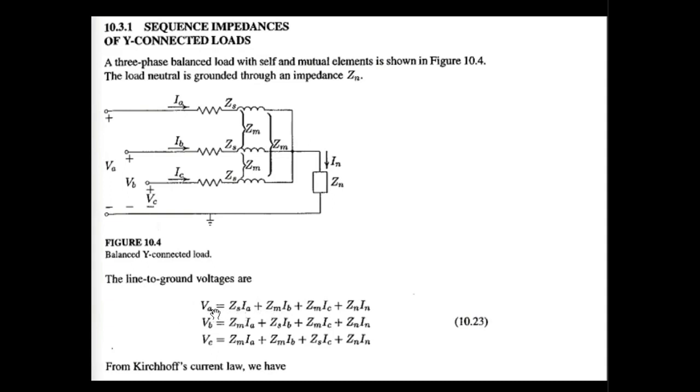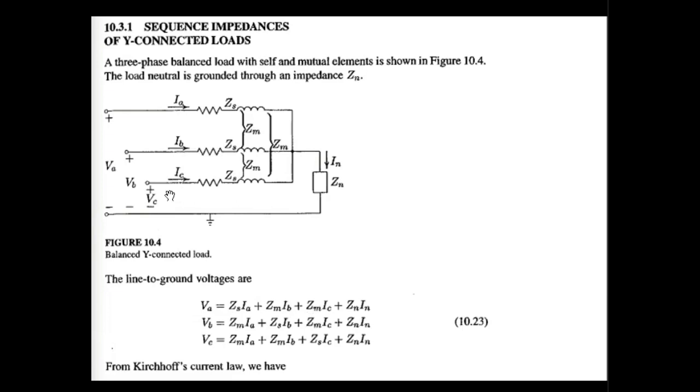Sorry, impedance. Phase A current, into, you can see that phase A has self impedance of Zs, right? But here you can see Zm, because it is due to phase B current, right? Voltage due to phase B current, which is Zm, and that is from phase C.